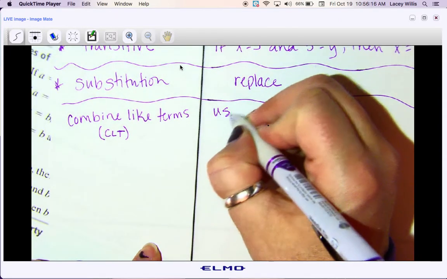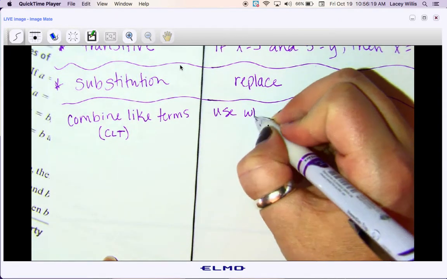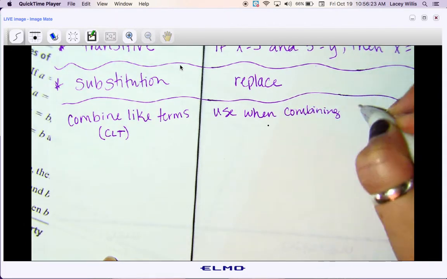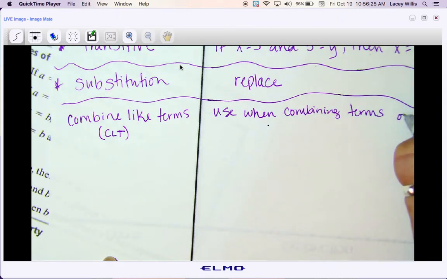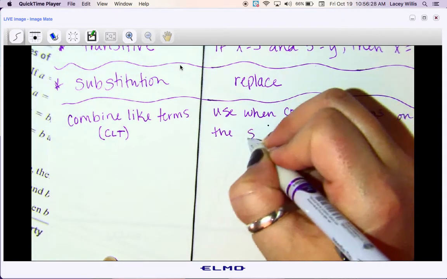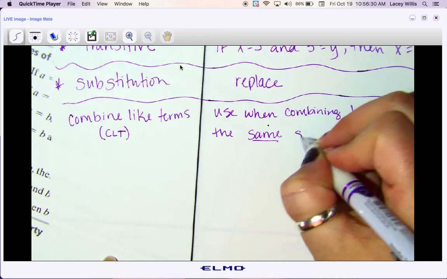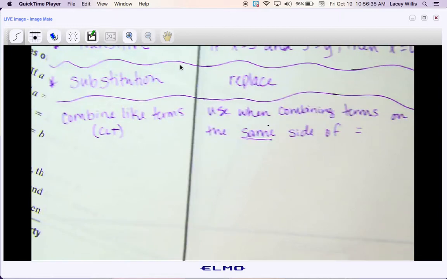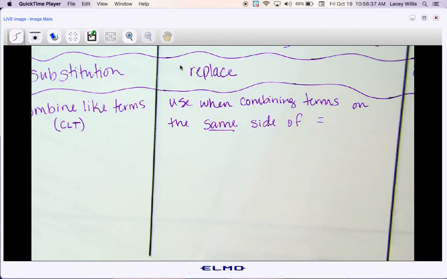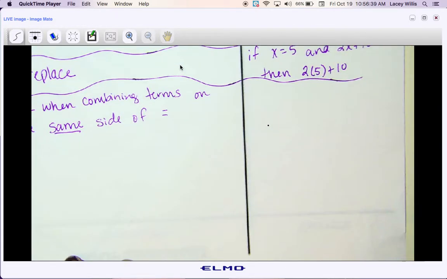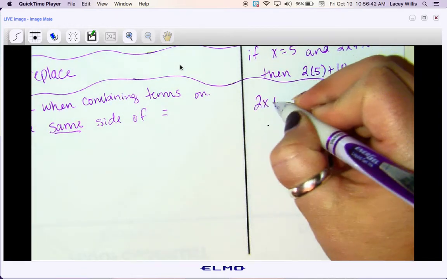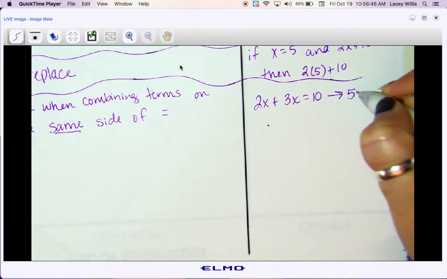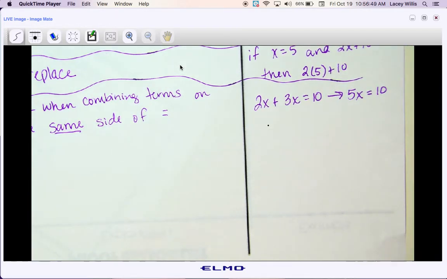You use this when you combine terms on the same side of the equal sign. So for example, 2x plus 3x equals 10. If that's true, then I can combine those and say 5x equals 10 is true too.